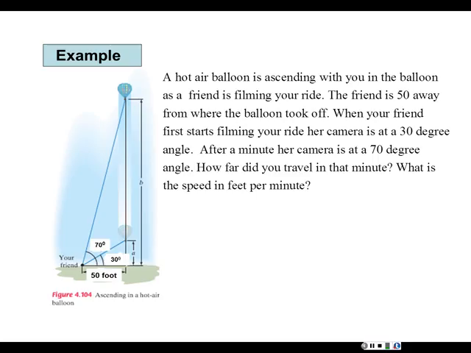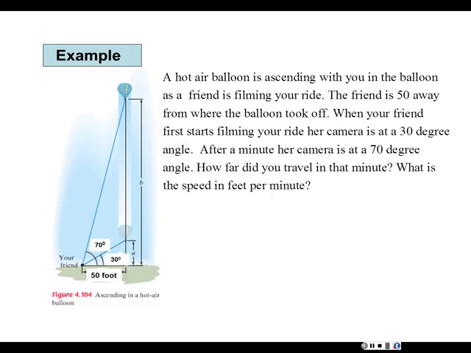The question is asking how far you travel from the point when the filming started up to now. So it's basically b minus a, which means the distance from here to the top. To get b minus a, you will need b and a both. Once you have b and a, you are done.